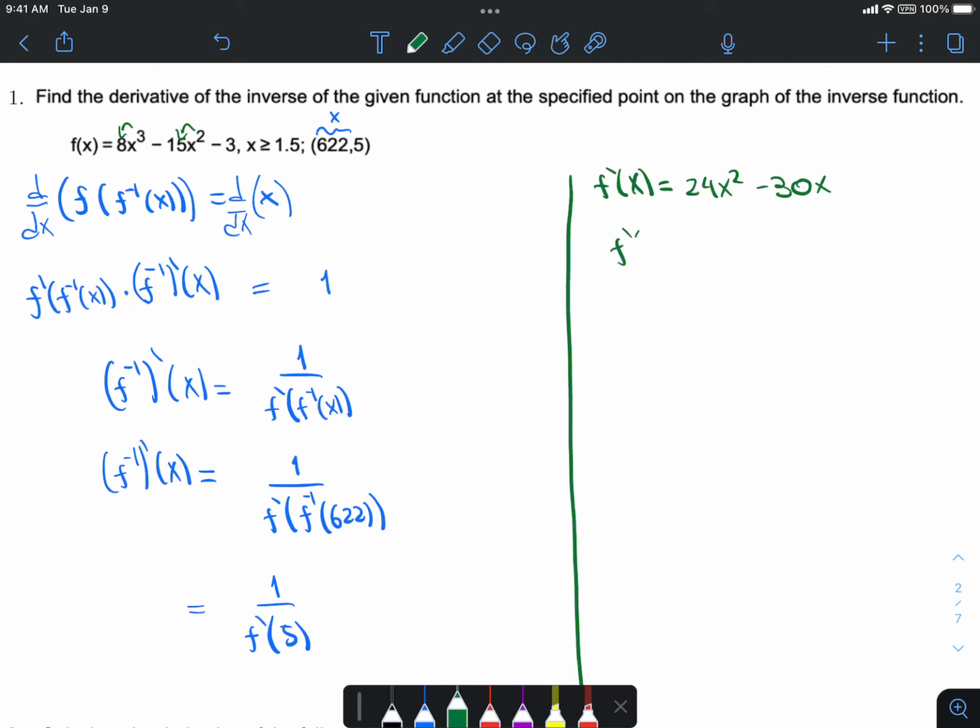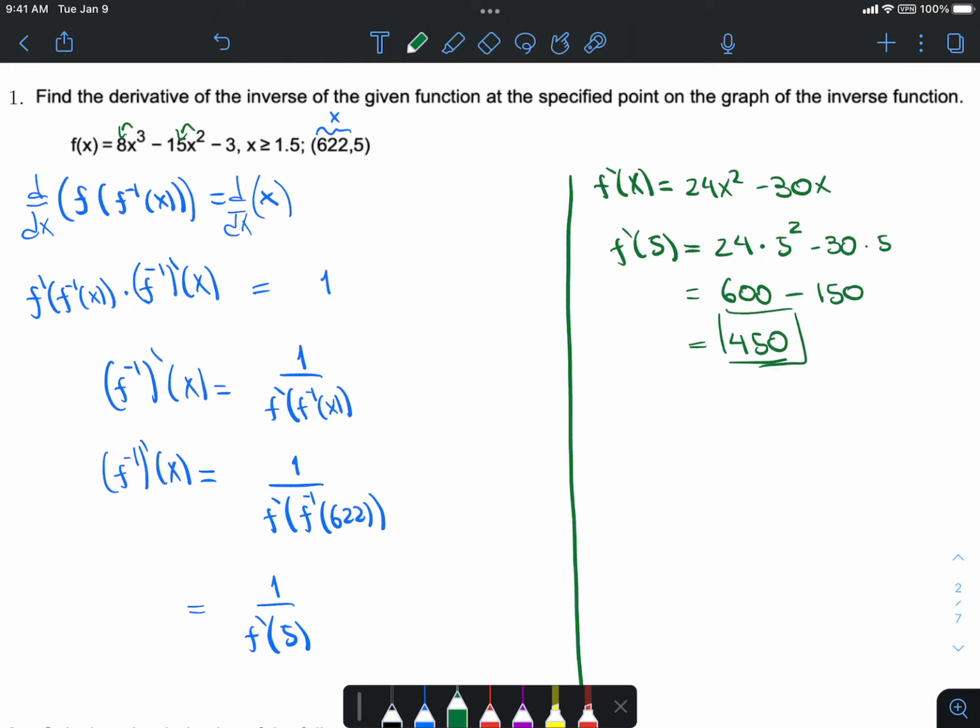So that means f prime of 5 is 24 times 5 squared minus 30 times 5. So 24 times 25, I'll use my calculator for that. It's not that difficult, but I'll do it anyway. 600 minus 5 times 30, that's 150, so that's 450.